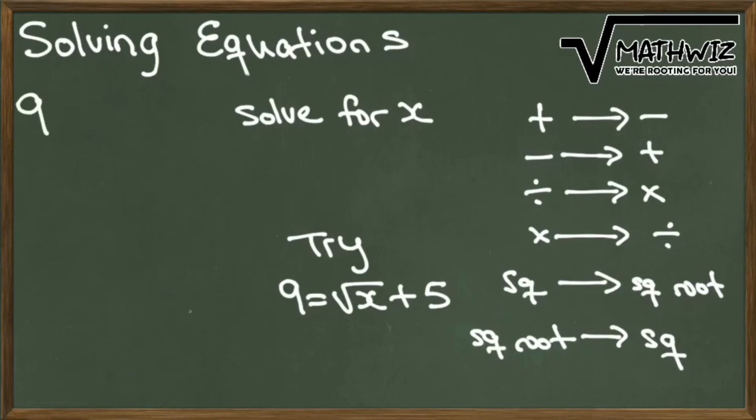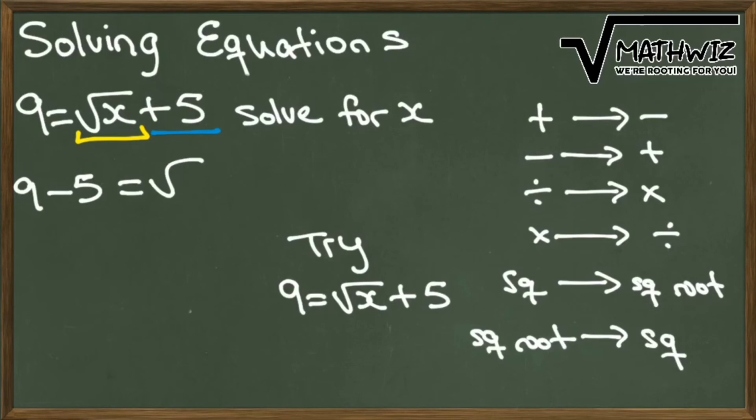So we have 9 is equal to the square root of x plus 5. So we locate the x, then beside it we have plus 5. So you want to take it to the other side by subtracting.